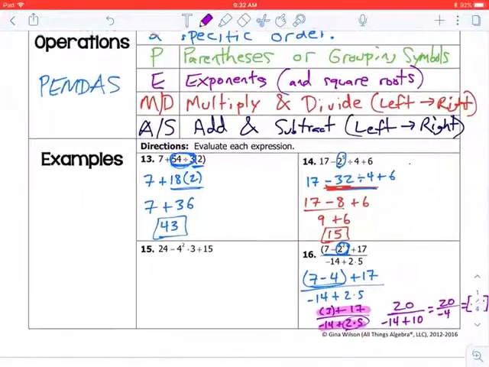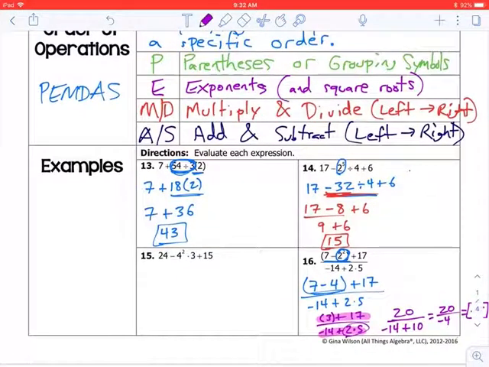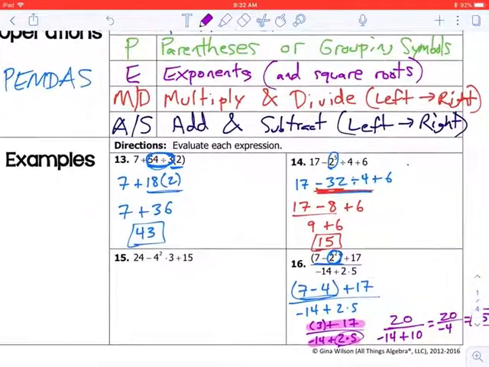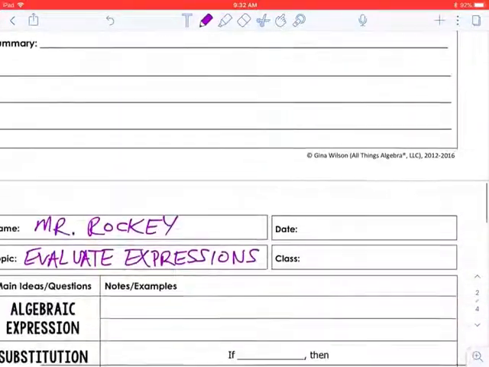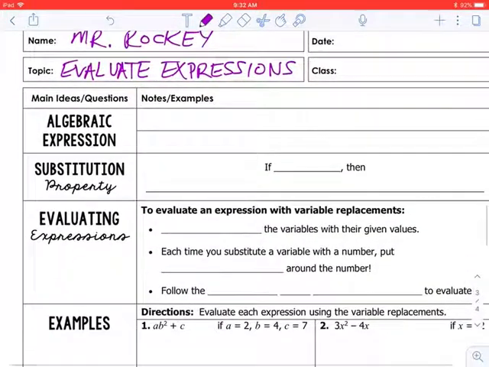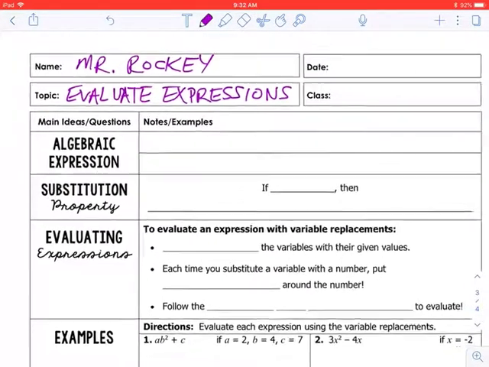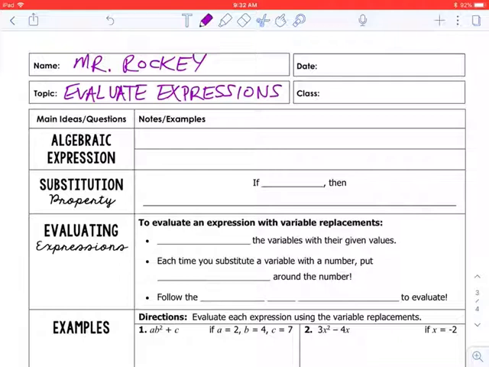We're going to go ahead and go to the back side now, which is another set of notes over evaluating expressions. Okay, so evaluate expressions. An algebraic expression is a mathematical phrase made up of numbers and variables.